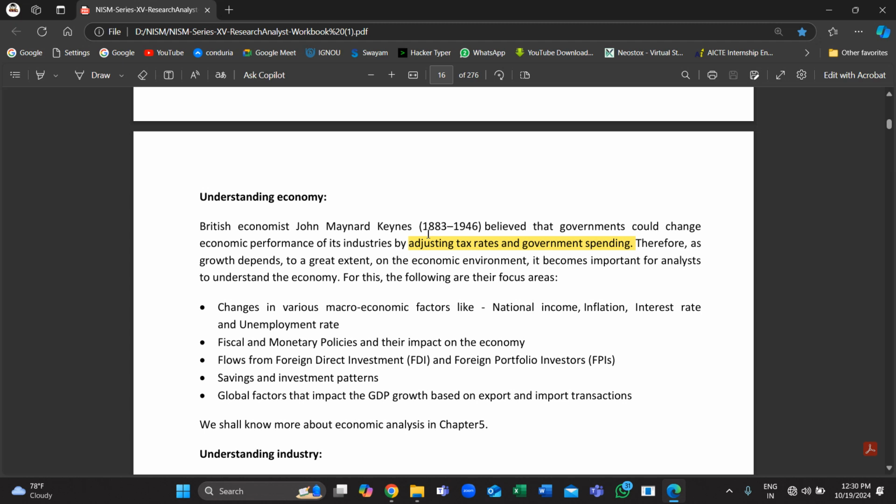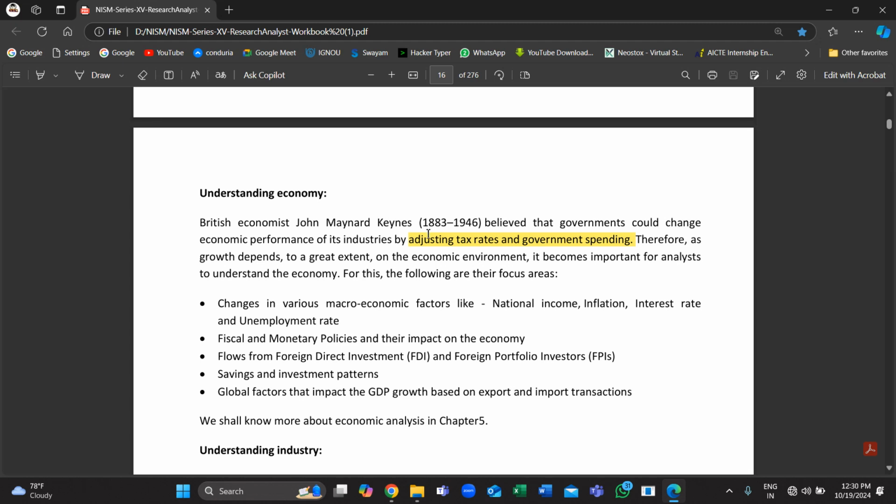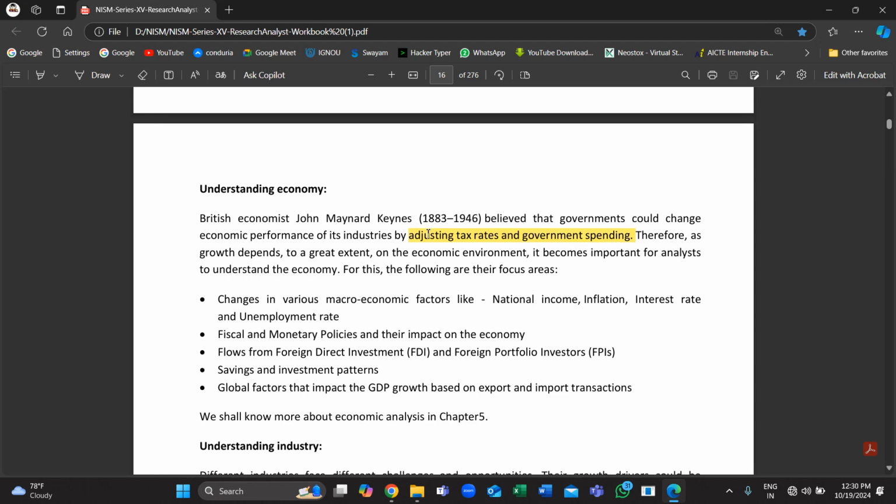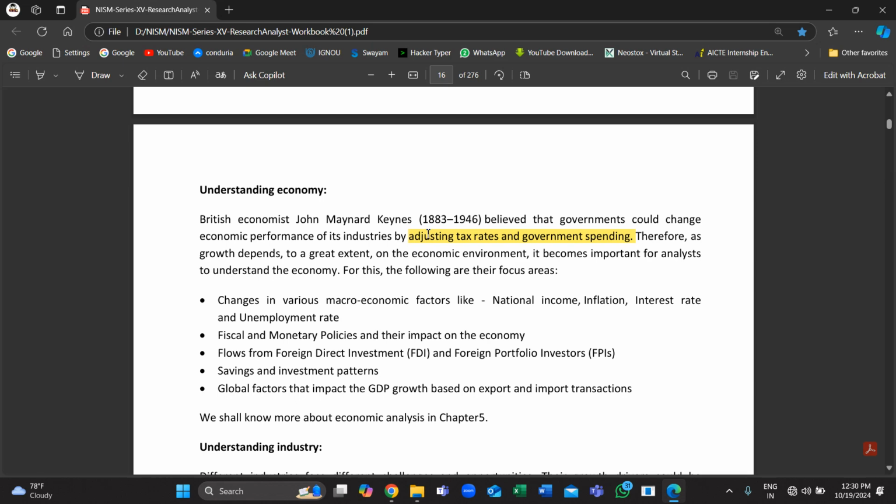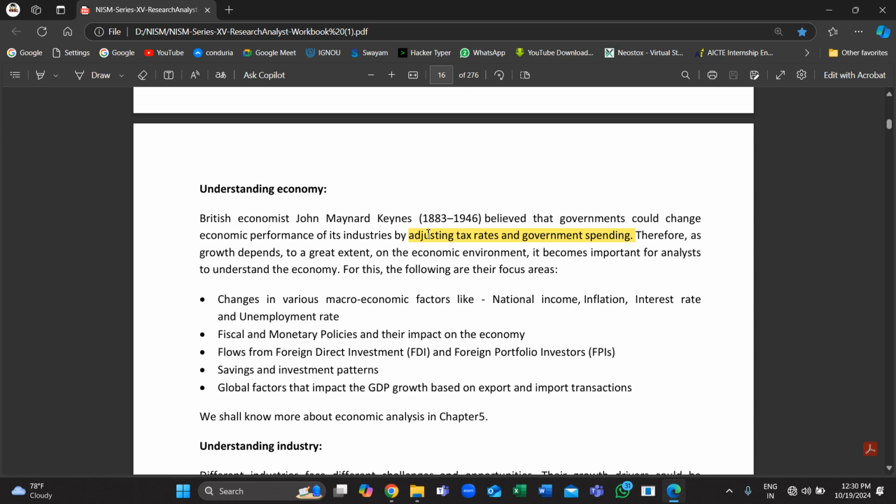Like understanding the economy: governments can change the economic performance of industries by adjusting tax rates and government spending. Therefore, as growth depends to a great extent on the economic environment, it becomes important for analysts to understand the economy.